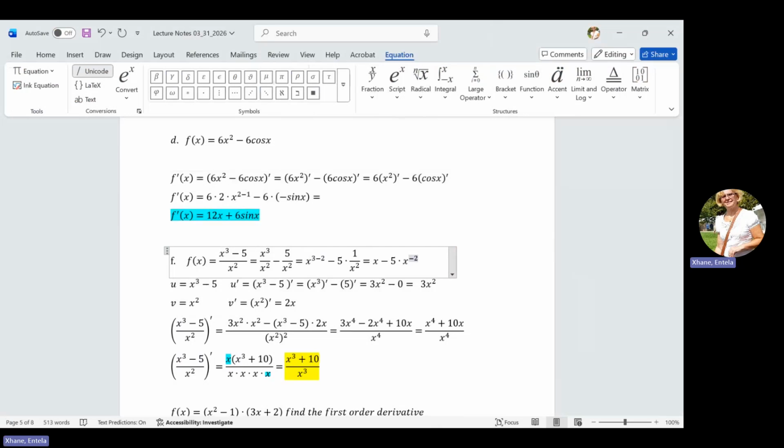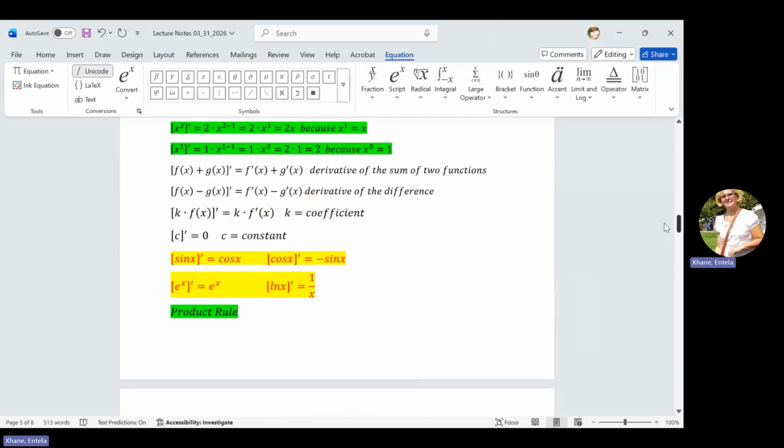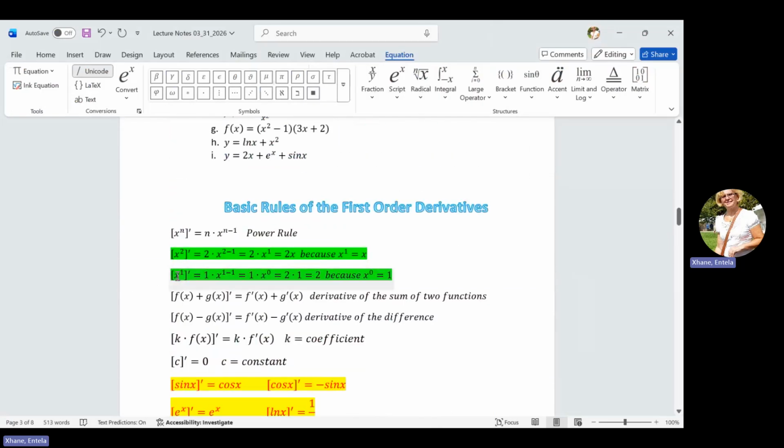For the second one, you have to use the power rule. The variable x, you have to use the power rule. But what I did is you have to write x as x to the power 1. So x and x to the power 1 is the same thing. So when you're differentiating x, it's the same as differentiating x to the power 1.